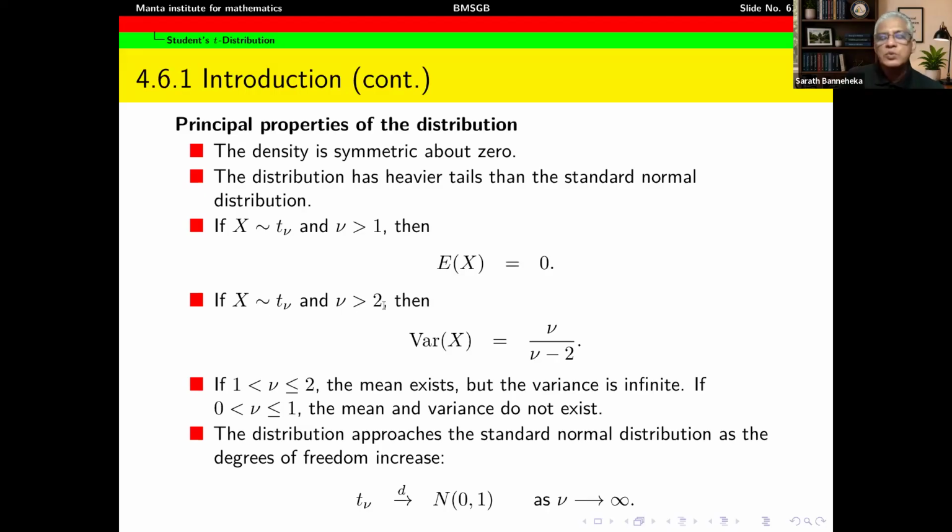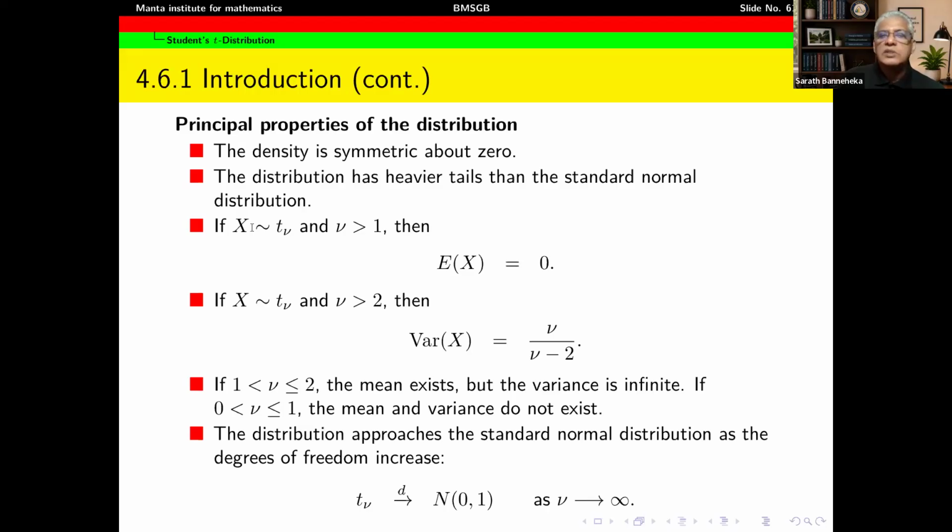If nu is greater than 2, then the variance is equal to nu divided by nu minus 2. So we can see that when nu increases, nu and nu minus 2 become very, very close, and therefore when nu is increasing, the variance of X will be converging to 1.